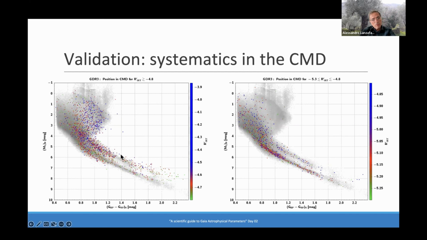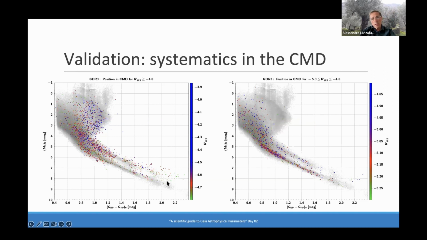So this branch here is very populated, and here at low temperature, red colors, we have a bunch of stars. When we consider a low activity level, you see that the stars are in the single star main sequence, mostly here. They concentrate mostly here and are a bit on the upper envelope of the main sequence of single stars.